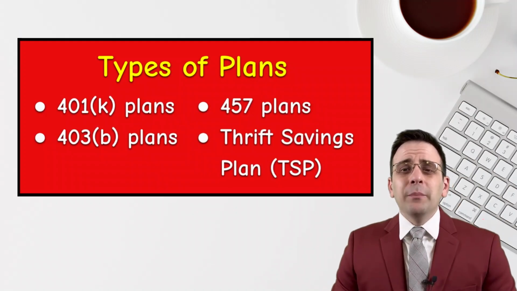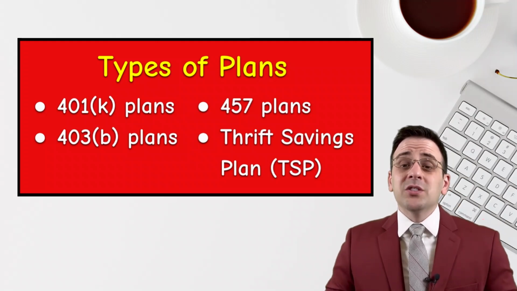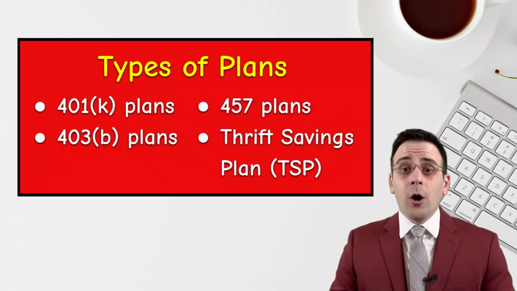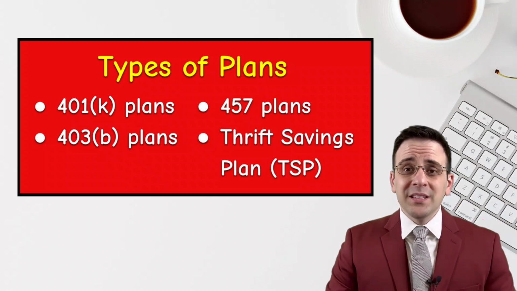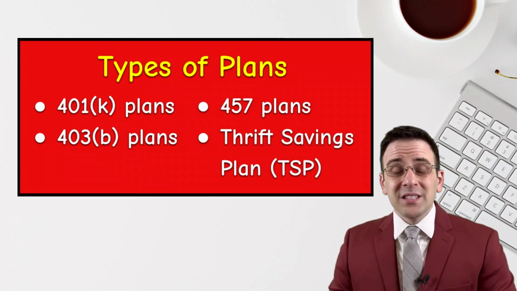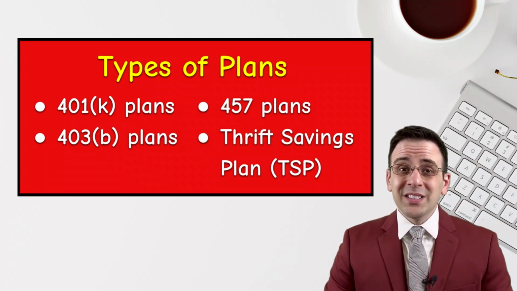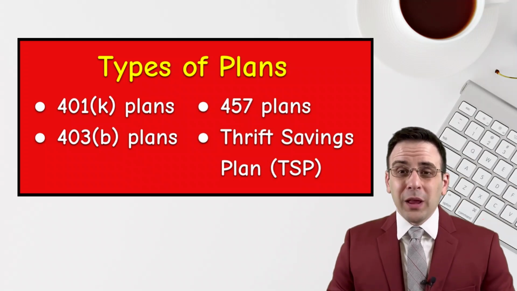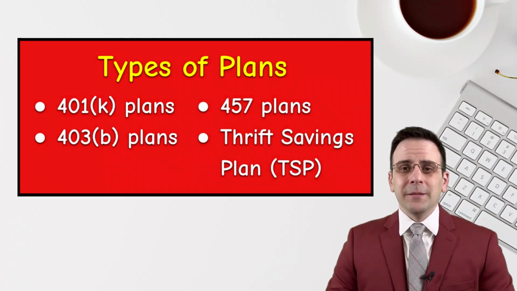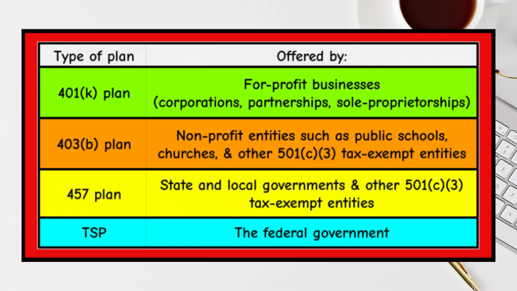The most common retirement investment accounts offered by employers are 401k plans, 403b plans, 457 plans, and the Thrift Savings Plan, or TSP. The primary difference is what entities can offer these plans. For-profit entities such as corporations, partnerships, and sole proprietorships can offer 401k plans.